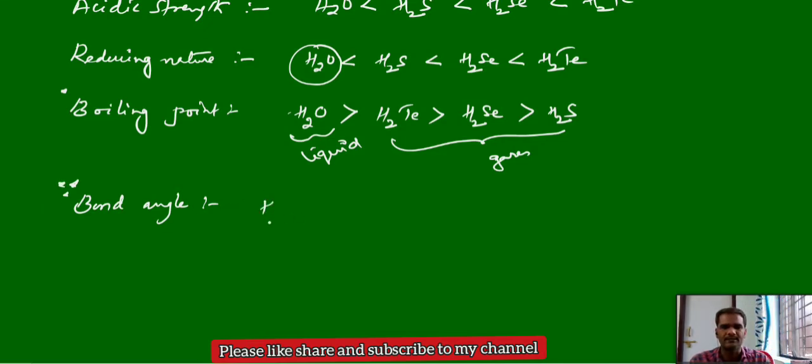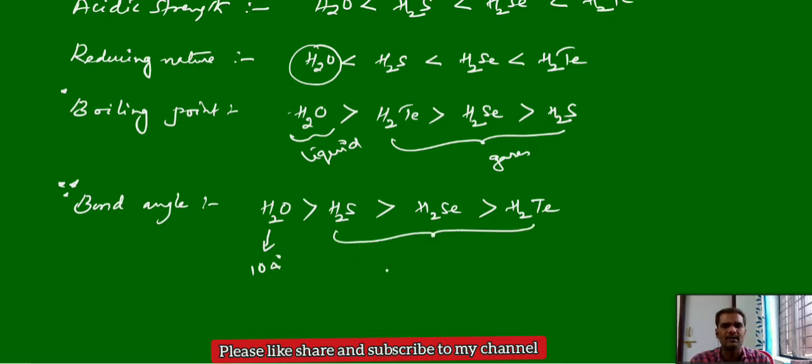Water has a larger bond angle than H2S, H2Se and H2Te. The water bond angle is 104 degrees due to the presence of two lone pairs, and the remaining hydrides have bond angles close to 90 degrees. H2S is almost 93, then 92, 91, but overall they are close to 90 degrees.